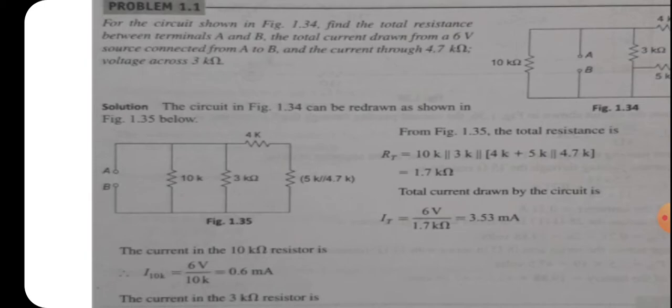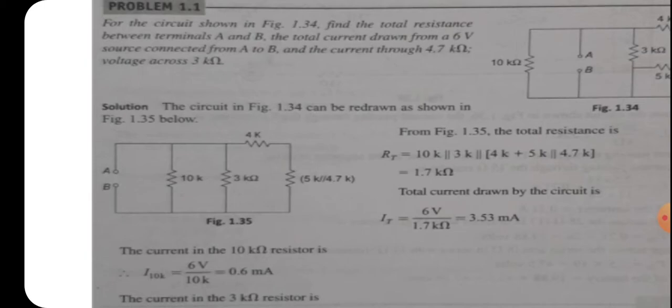The voltage is given as 6 volt. Then what will be the total current? It can be simply solved by Ohm's law, because the total voltage is given and you have found the total resistance is 1.7 kilo ohm.